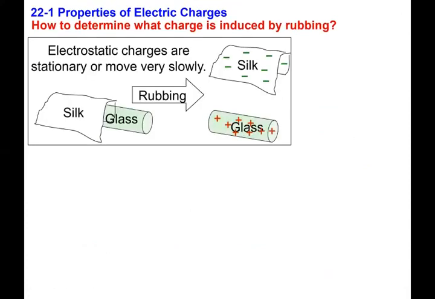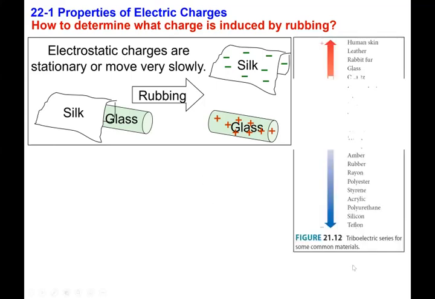All right. So how do we determine if the charge that is accumulating on an object is negative or positive? We know if we rub a glass with silk, we end up with a negative charge and a positive charge. The glass will have a positive charge and the silk will have a negative charge. And the way we do that, we look at this diagram.